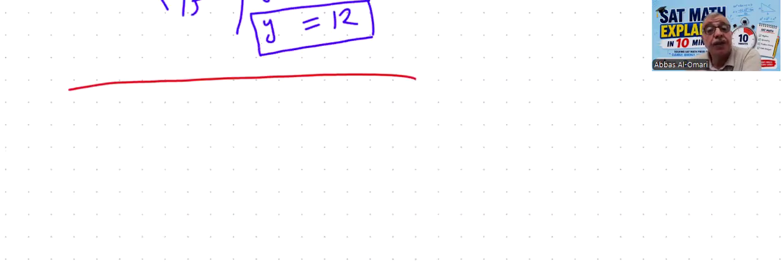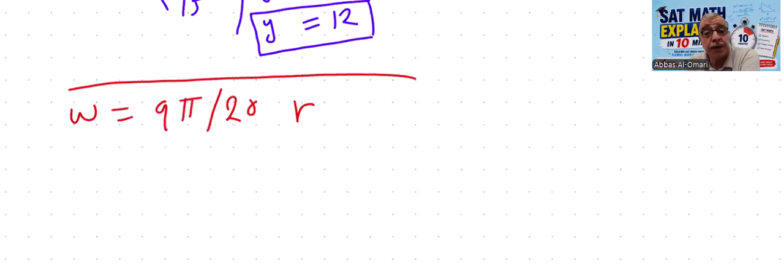We have an angle in radian. The angle W equals 9 pi over 20. This is in radian. So angles can be either in radian or in degrees. Now the conversion between radian and degrees is pi equals 180. 1 pi is equivalent to 180 degrees.